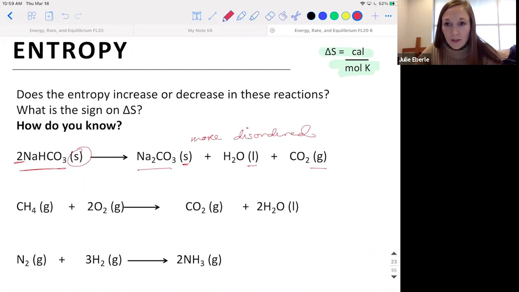So delta S here, disorder is increasing. So delta S for this one is positive. Plus, I only have 1 reactant and I have a total of 3 different products. So I'm making more things. This is like a decomposition reaction. So there are many reasons why the disorder is increasing here.